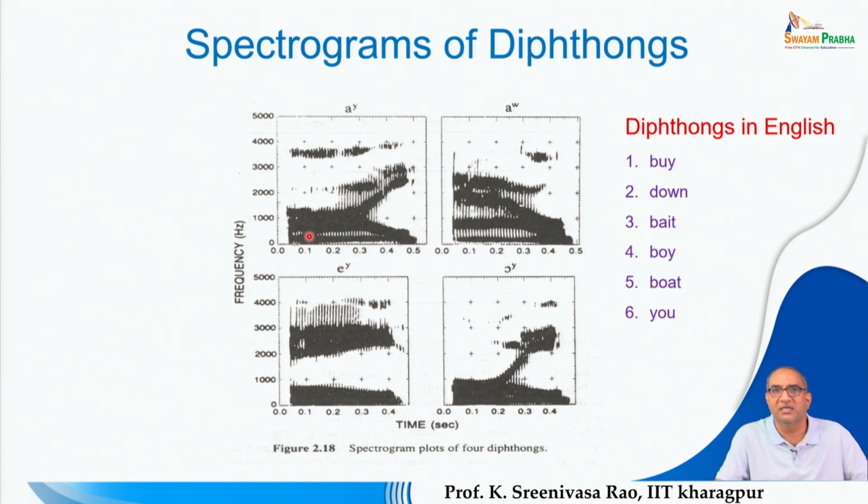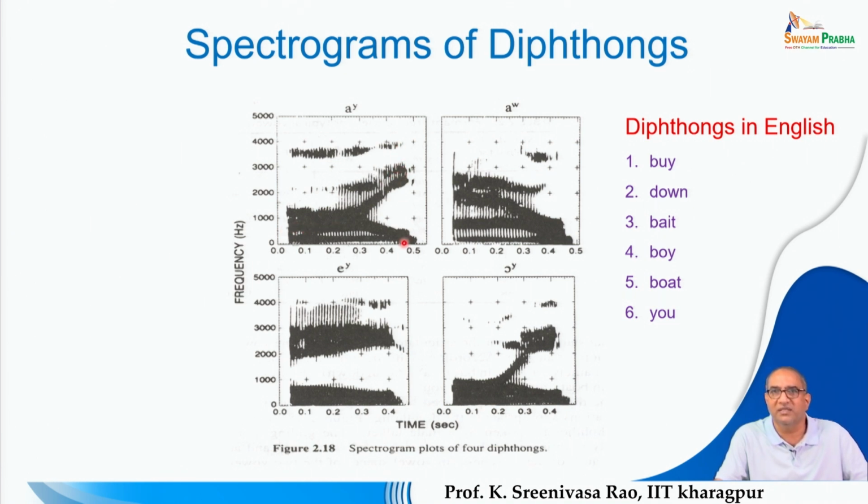Here it starts with a low frequency, and the following vowel is E, because this I is a combination of A and E. Immediately you can see this formant transitioning to the corresponding second formant of E, right.